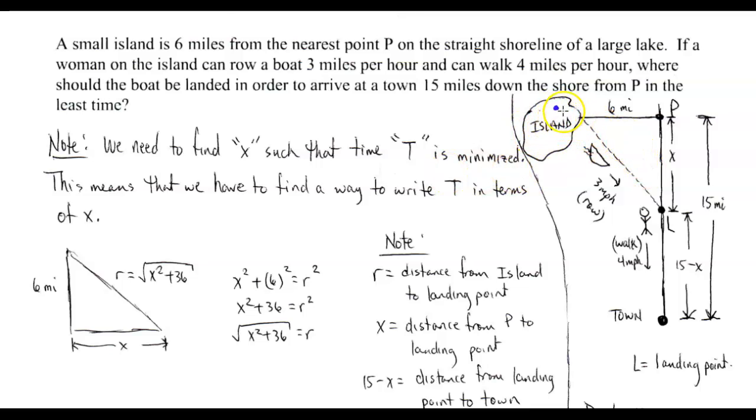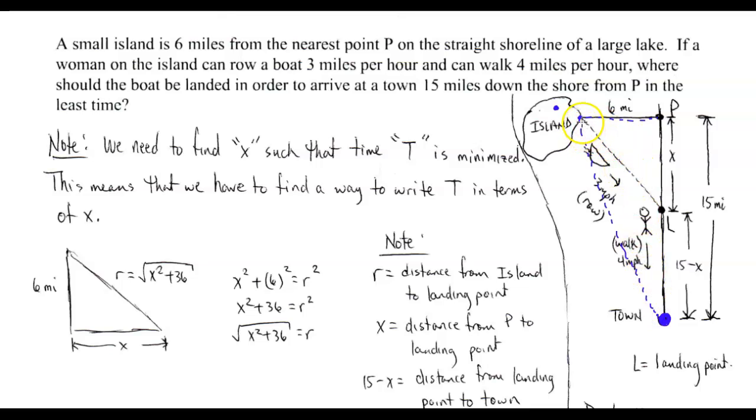She's basically living on this island, and she's going to go to this small town down here to get supplies. And so she's trying to figure out which way to go. Should she just come straight across here and row a boat 6 miles? Should she start at this point here and row all the way here?